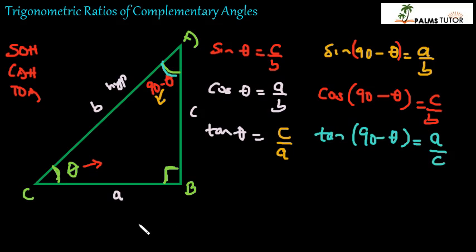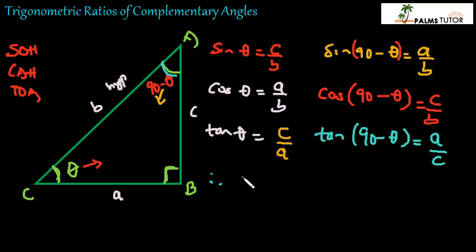So now, there are certain relationships that exist amongst these ratios. If you look closely, you see that cos theta, A over B, is the same as sine 90 minus theta, which is A over B. Although one is adjacent over hypotenuse and the other is opposite over hypotenuse, they have the same values.